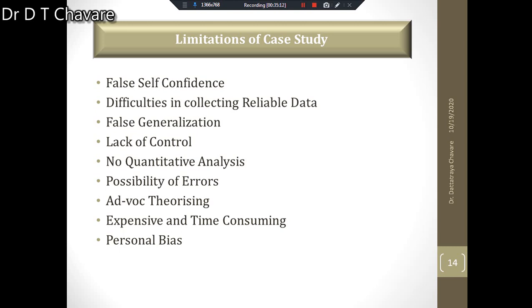This affects the researcher emotionally and he may report conclusions which appeal to him. This type of personal bias is also possible in the case study method. In this way, these are also a pound dozen limitations. Already we have studied a pound dozen advantages and now we have also considered a pound dozen limitations of the case study method.